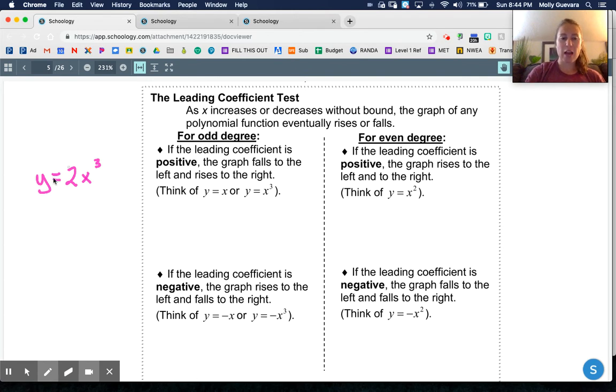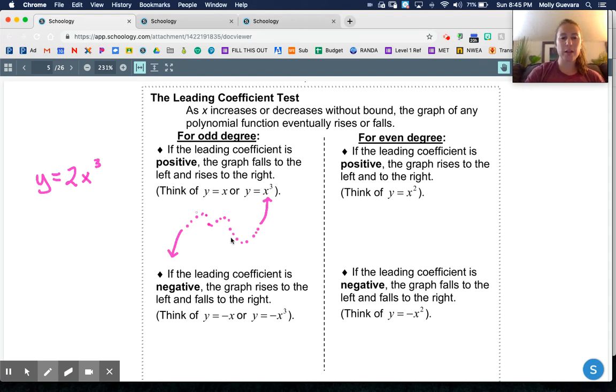If I have a function with that, the graph falls to the left and rises to the right. I have no clue what's happening on the inside. It doesn't matter. It could turn 12 times, it could turn no times, it could turn once. I guess it would have to turn twice, right?